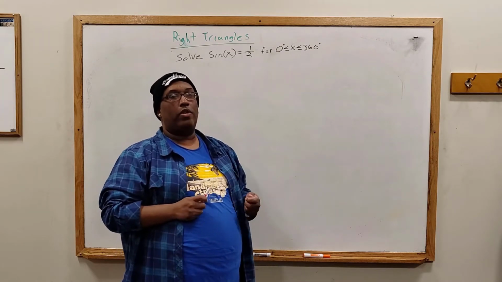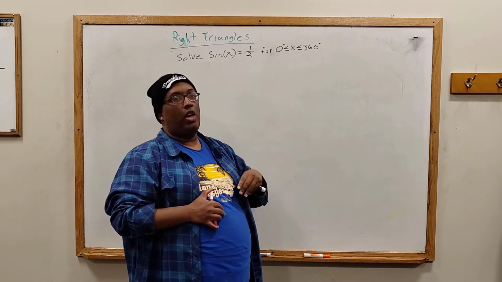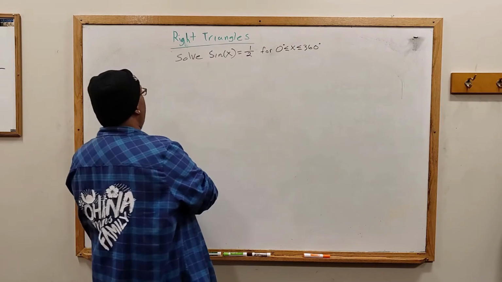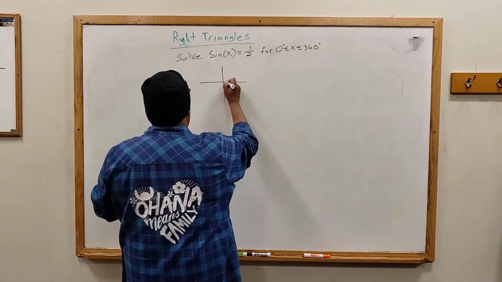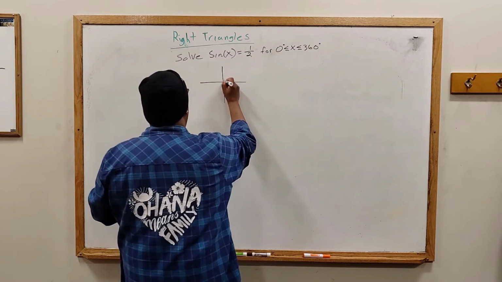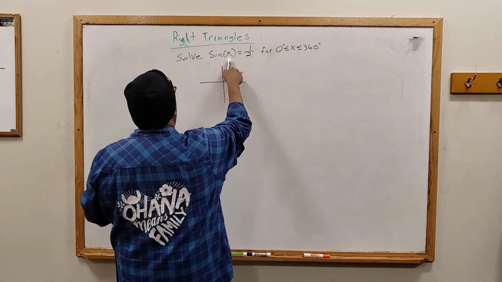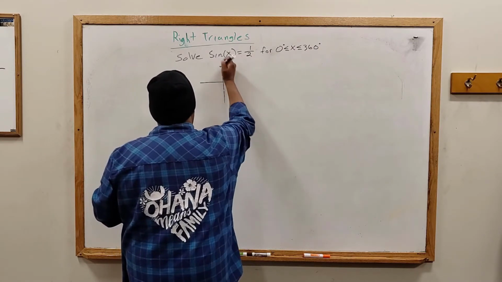So we can first think about the unit circle and draw the xy axis with an invisible unit circle. And if I do that, I have this, and we can have a triangle here, because we're talking about sine of x equals 1/2. This is x. Let me make this a little bigger.